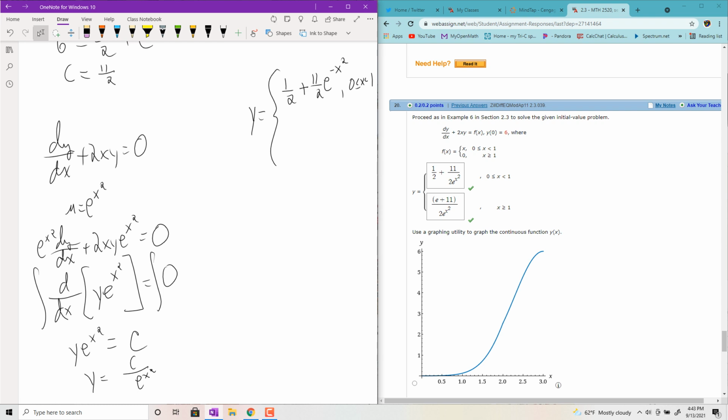And then you want this thing to equal the same thing as the other equation at that point where the piecewise function goes into the other piece. In other words, at 1, right? So I need y of 1 to equal whatever that other function equals. 1/2 plus 11 halves e to the, it'll be negative 1, and for x squared, 1 squared is just 1, so negative 1.